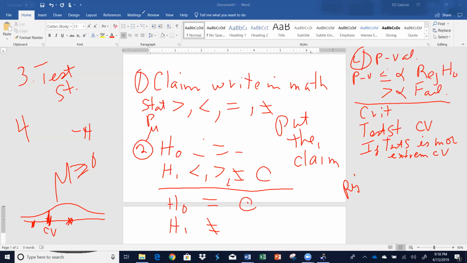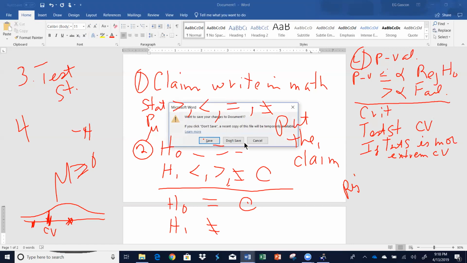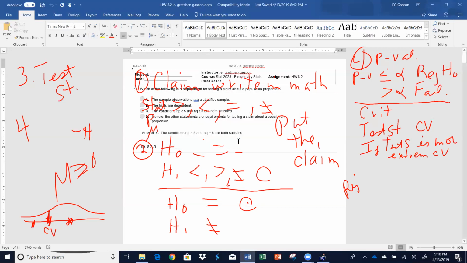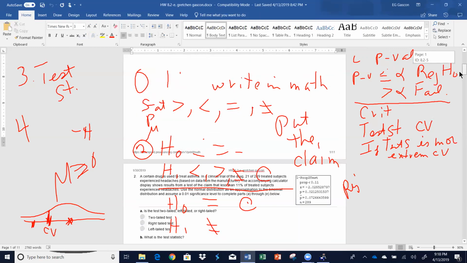Okay, so let me go back here to the mouse, close this down. Don't save. That's what I was afraid of. I kept all of that writing up there, so now I have to erase it all. The heck with it. Okay, so now let me find a problem that I can use.